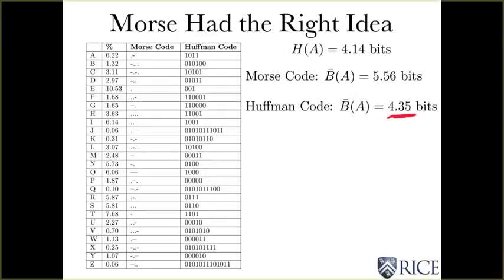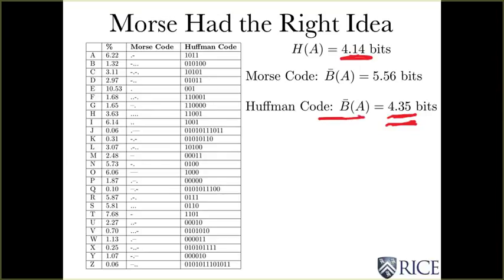It's 4.35. It doesn't get to the entropy limit, but Huffman's result says you can't do any better than 4.35. There is not going to be any variable length code that is lossless that has a shorter average code length than this code. It's not unique.